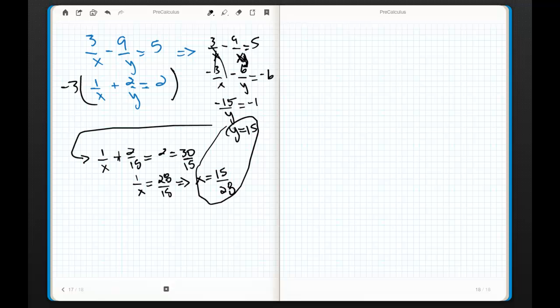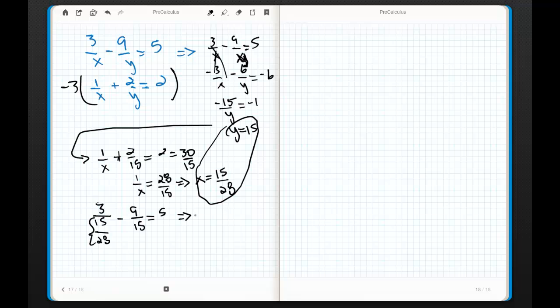And just like before, I can double check them. I can plug them in. If I need to check, you know what? Let's just do that. I know you guys hate this. If I go 3 over 15 28ths, minus 9 over 15 is equal to 5. Well, watch what I'm going to do here, you guys. I'm going to do a trick. This is a fraction, and I'm dividing by it so I can take the reciprocal.